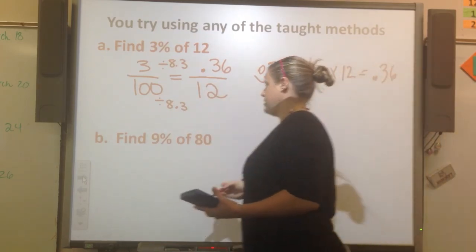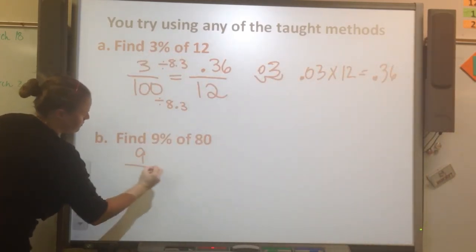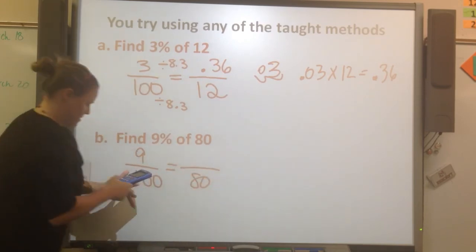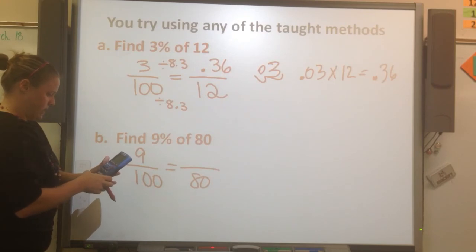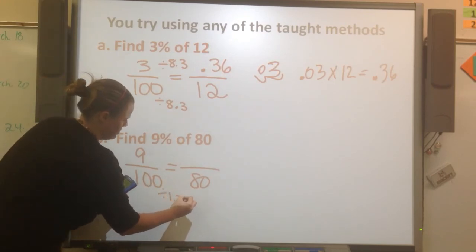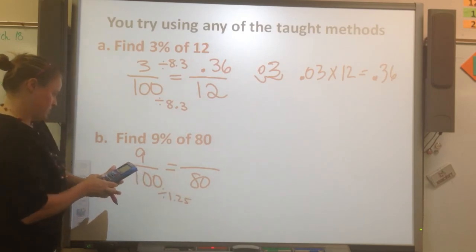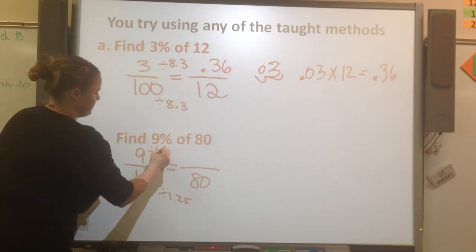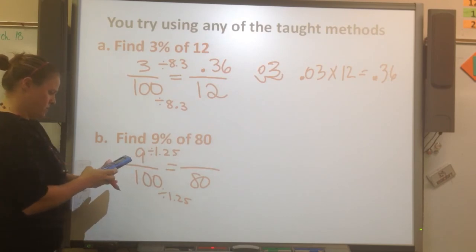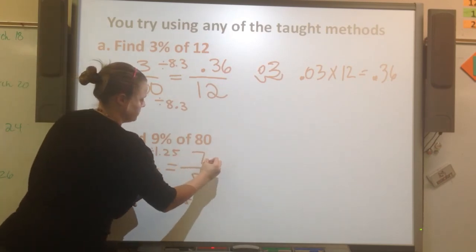So 9% of 80, so again, 9 over 100 equals something over 80. So 100 divided by 80 equals 1.25, so 9 divided by 1.25 is 7.2.